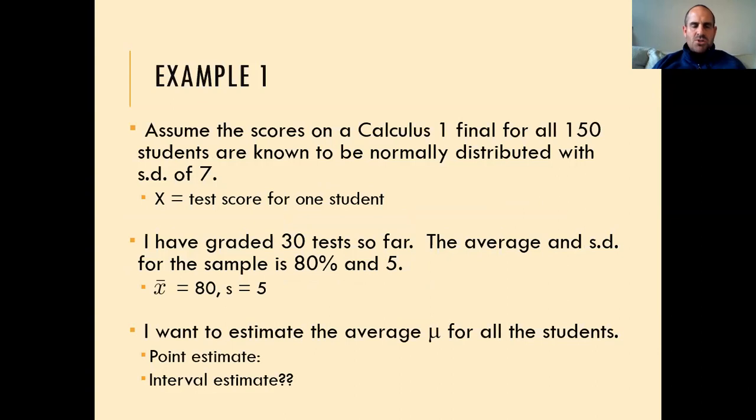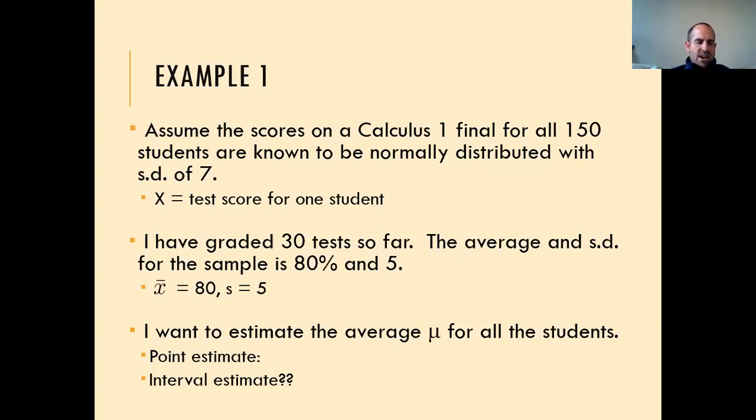Here's a typical situation that you might find yourself in. Assume that the scores on a Calc 1 final for all 150 students are known to be normally distributed with a standard deviation of 7. That's for the whole population. X is a test score for one random student.